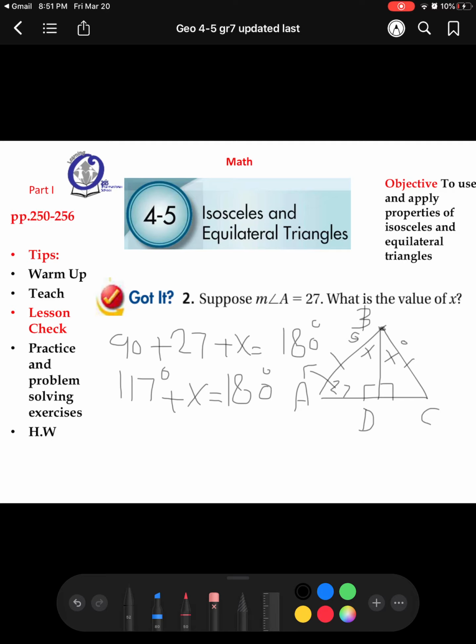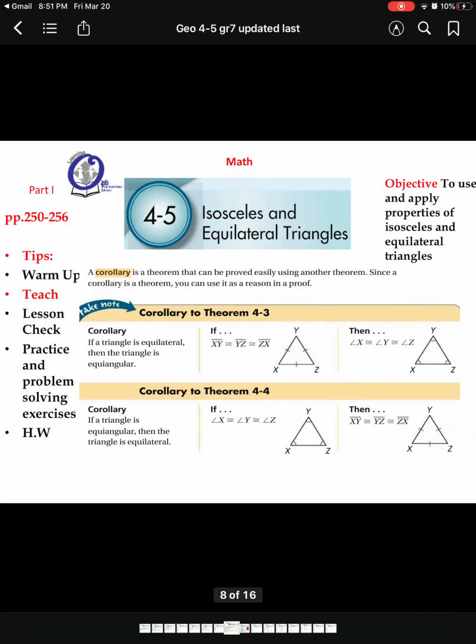If you move the 117 to the other side, you will subtract 180 minus 117. So x will be what? 63. Okay, to make sure, add the 3 and 7, 10, 6 and 1, 7 and 1, 8. So the measure of angle x equals 63.